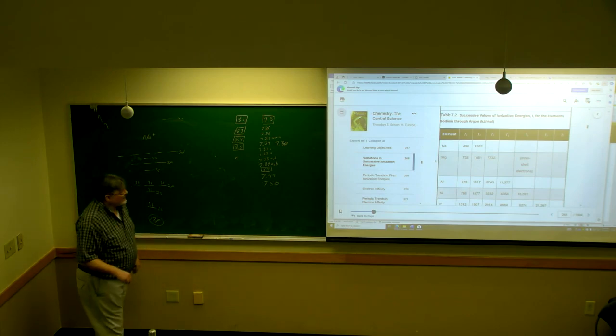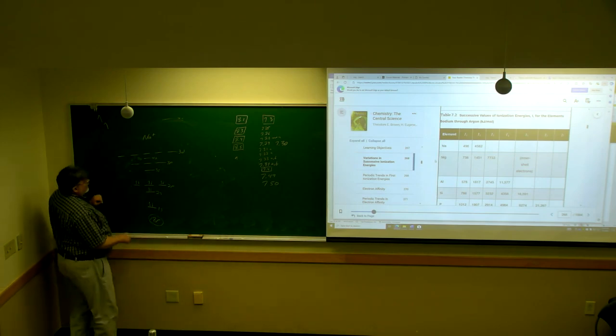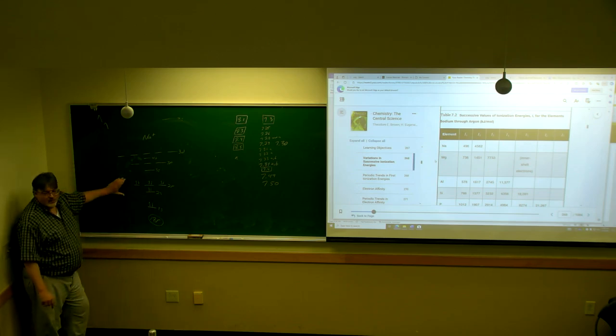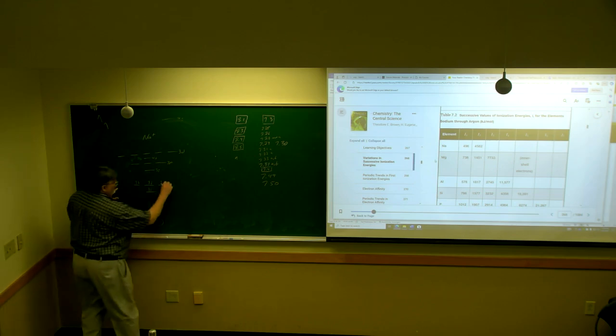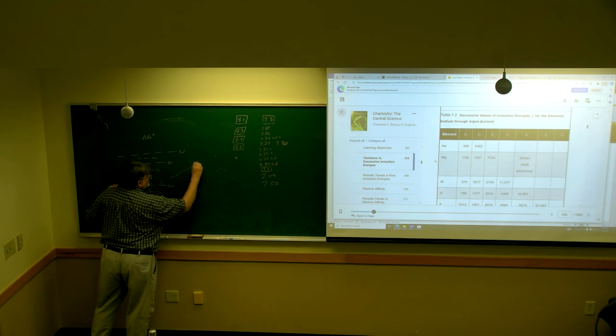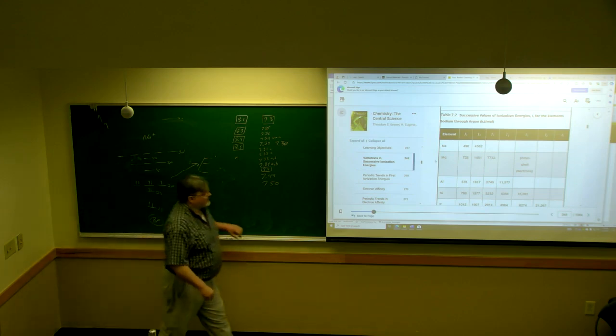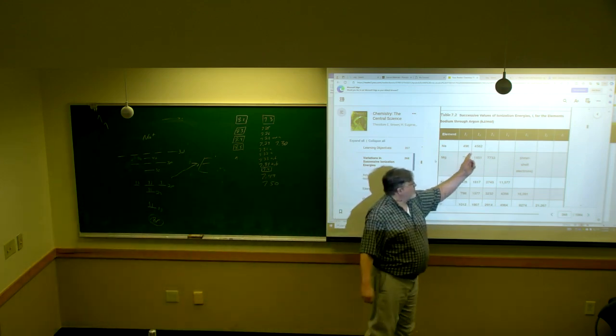But first ionization energy. If I'm going to take another electron out of here, we have that stable octet here. And the atom, the electrons want to stay like this. So pulling another electron out of here, doing that takes a lot of energy. So you see the jump in energy to pull that second electron off.